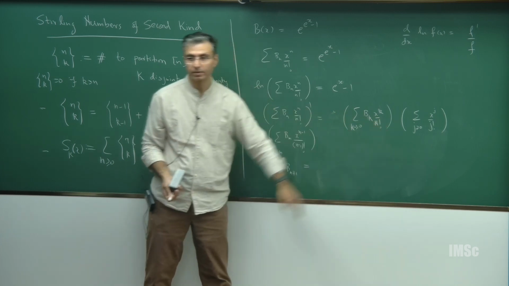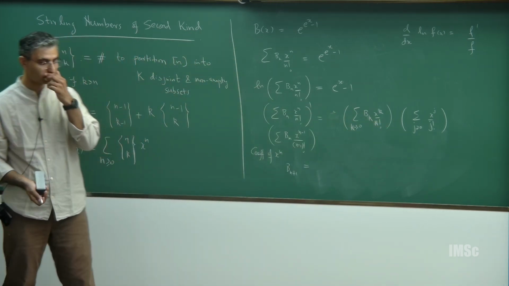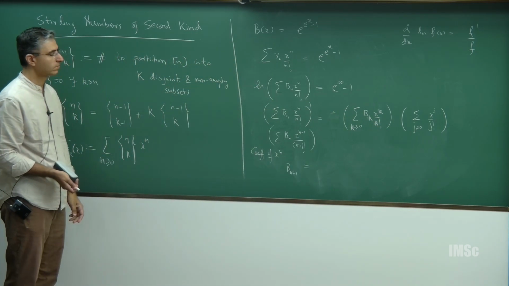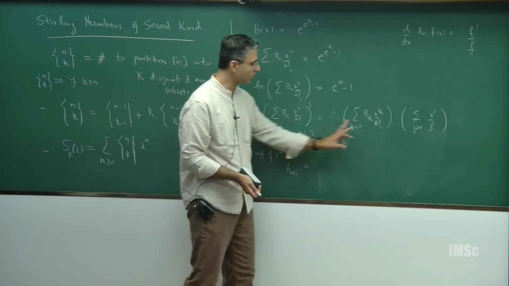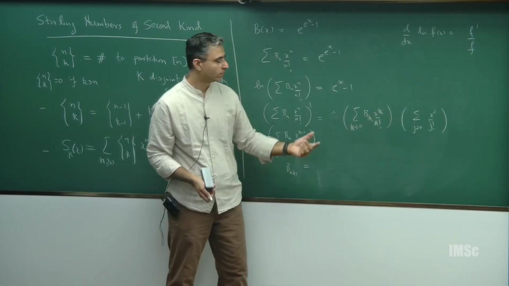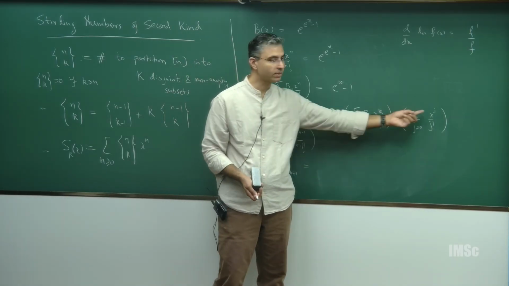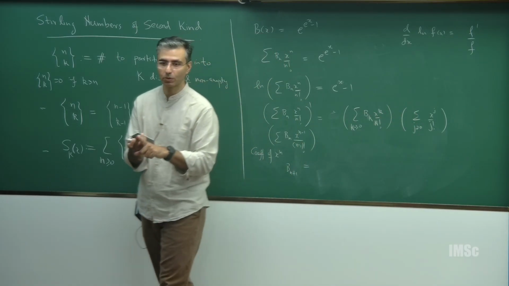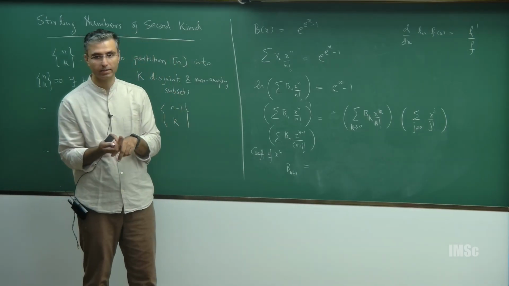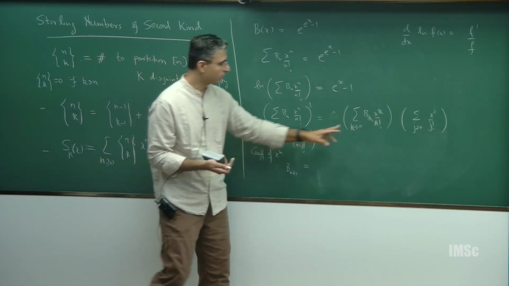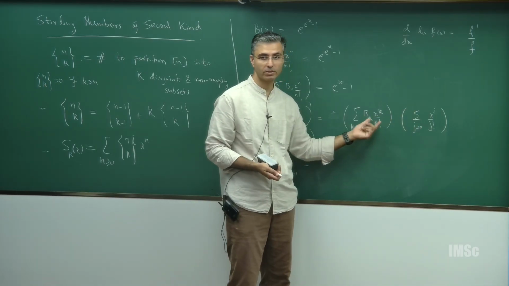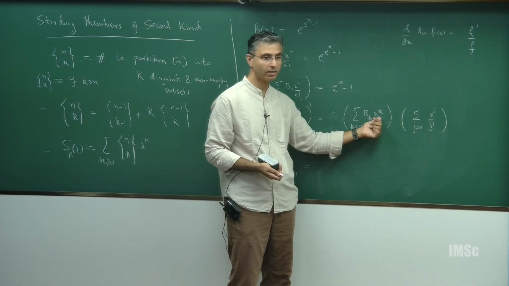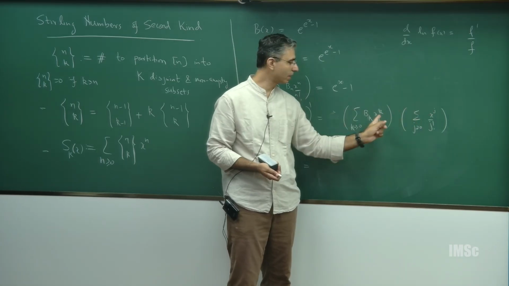What is it on the right? It is the product of these two, x raised to k, x raised to j, where k plus j should be equal to n.